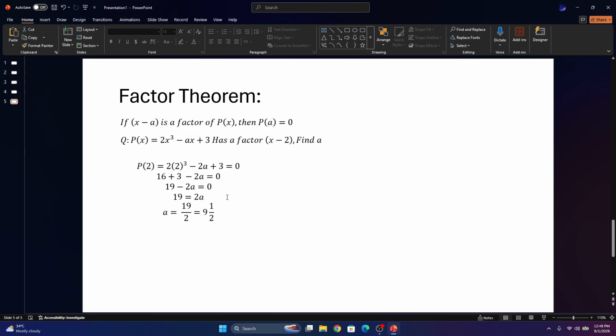It is actually used to factorize equations themselves. So if you are asked to completely factorize a polynomial and we're given one factor, then we can find another factor and then completely factorize that expression.